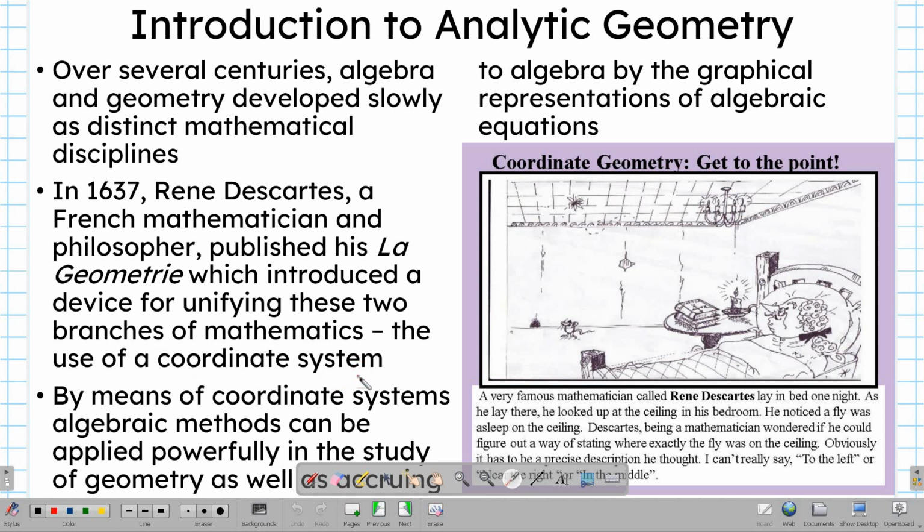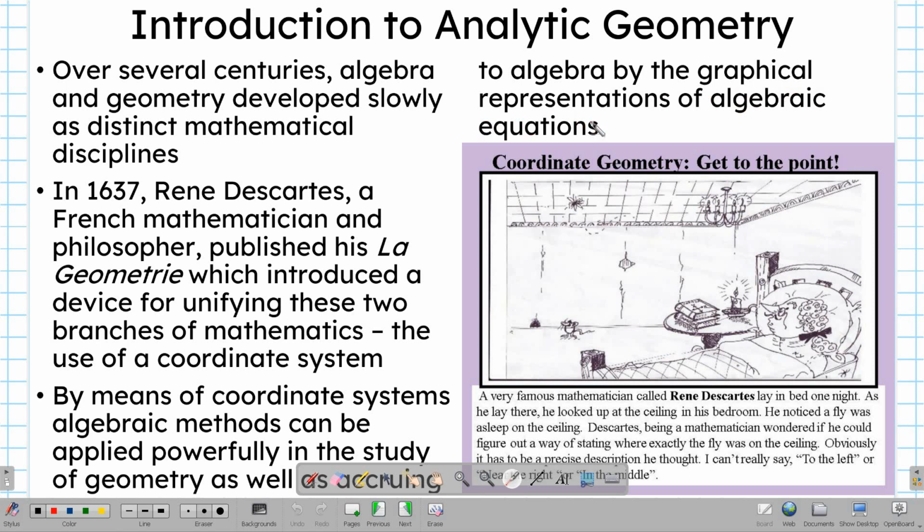So René Descartes was able to combine algebra and geometry together because of the coordinate system. So by means of coordinate systems, algebraic methods can be applied powerfully in the study of geometry as well as accruing to algebra by graphical representations of algebraic equations.